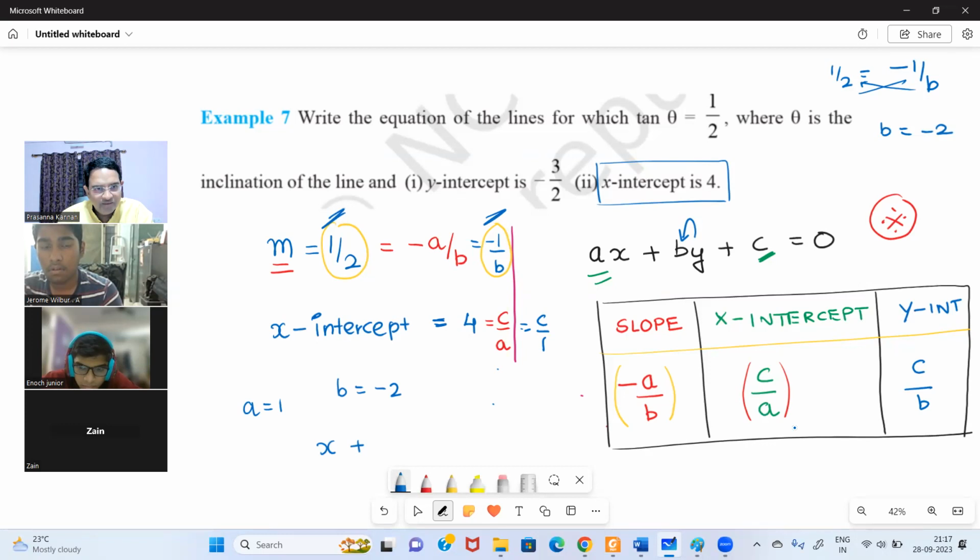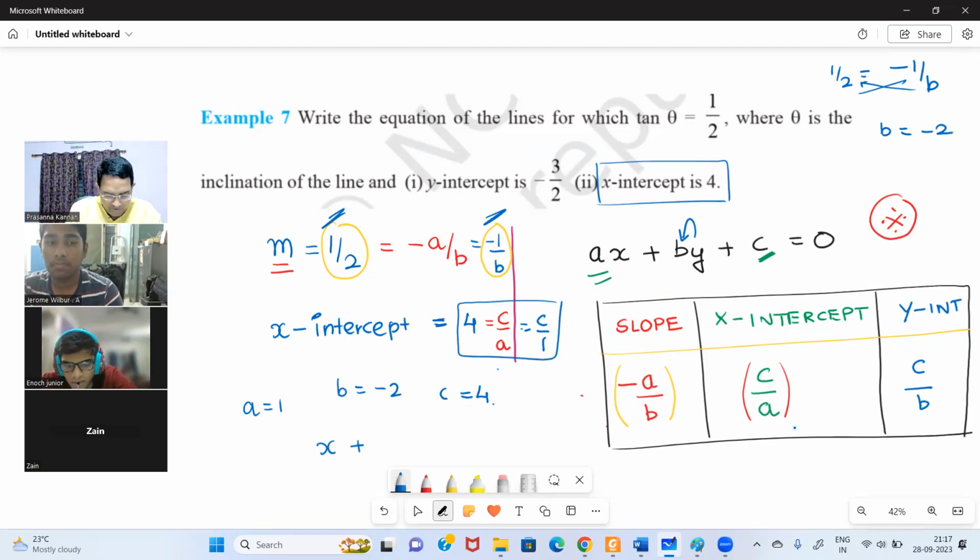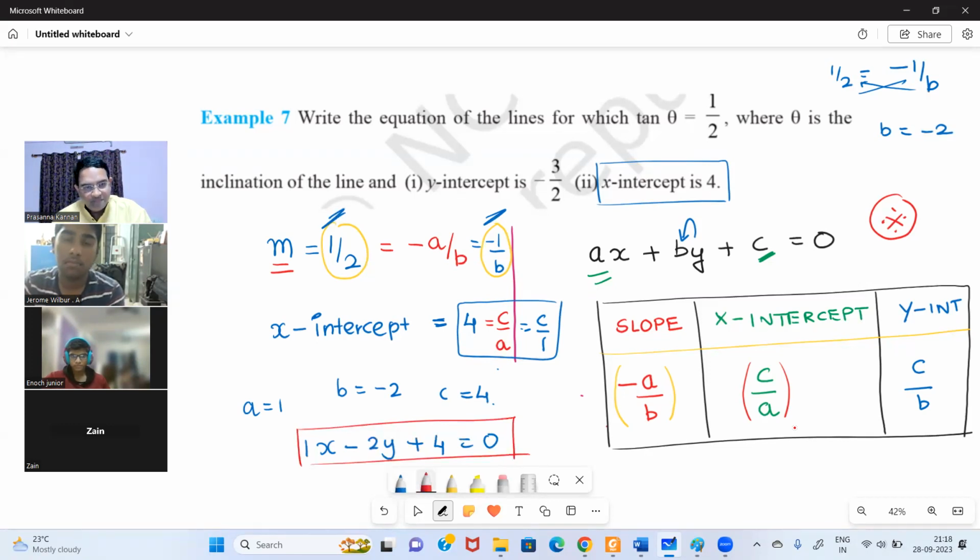C is 4, exactly. That's all. Your a is 1. b is the coefficient of y, so it is minus 2y. c is nothing but 4 equal to 0. That's your equation.